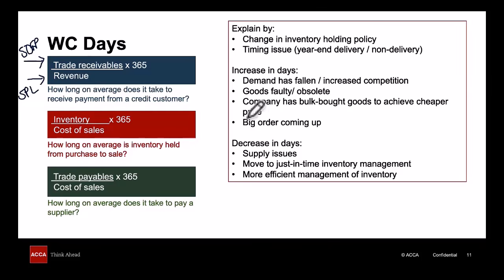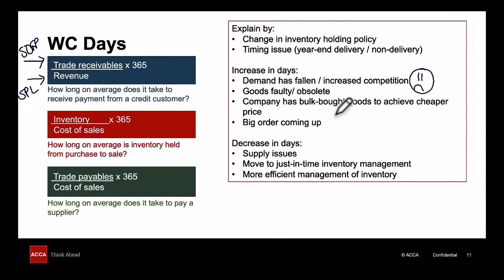And sure enough, my first two reasons for an increase in days are what I'd call bad reasons there. So it could be that demand has fallen. That could be related to increased competition. It could be that some of the goods in the storeroom are actually really out of date, out of fashion. If it's a fashion retailer, could be faulty, so we can't sell them.